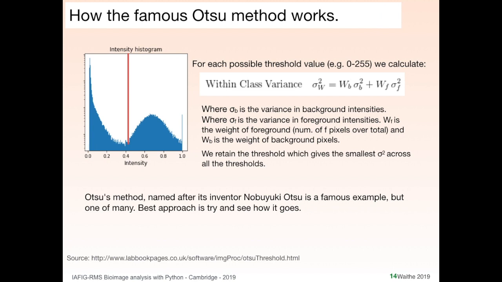And then we retain a threshold which gives the smallest variance across all of the thresholds. So we kind of tune it to be the sweet spot between the number of pixels being included and the variance in the raw pixel values within there. And this seems to work remarkably well. So it's become quite famous.